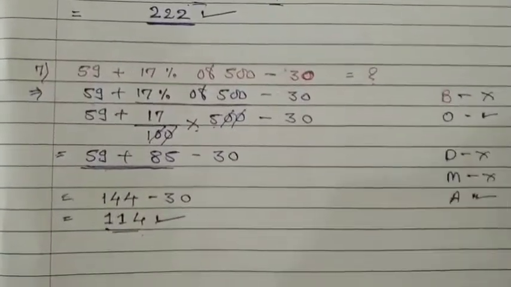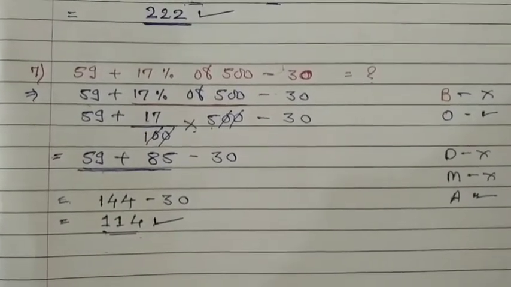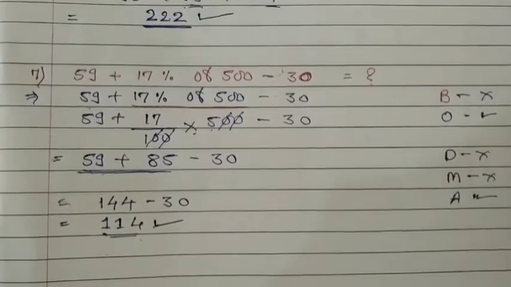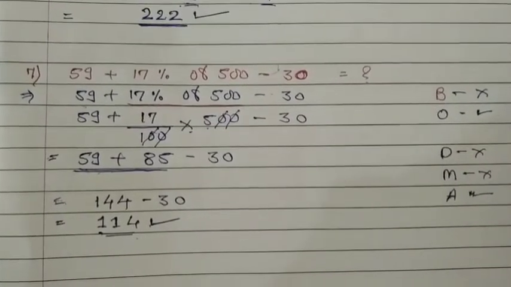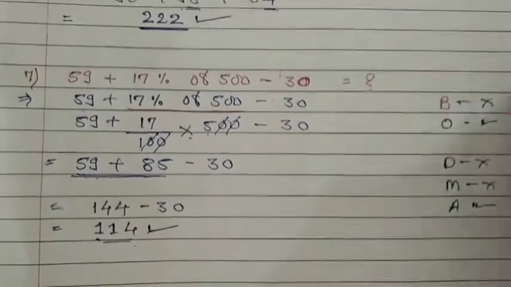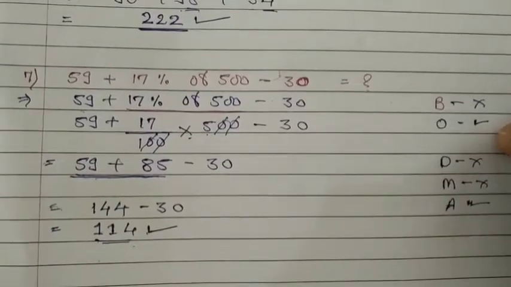114 is our answer. How simple it was, students. Firstly bracket, then of, then division, then multiplication, then addition, and lastly subtraction. Is there a bracket? No. Is there "of"? Yes, 17% of 500.